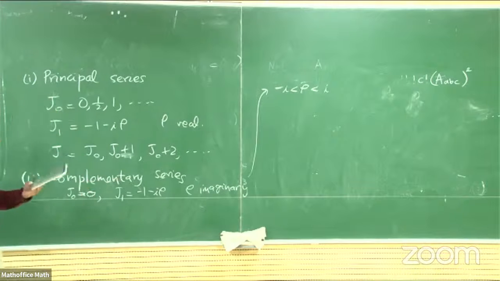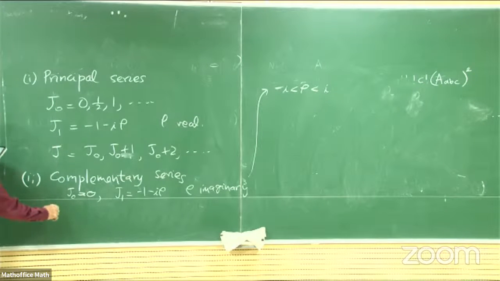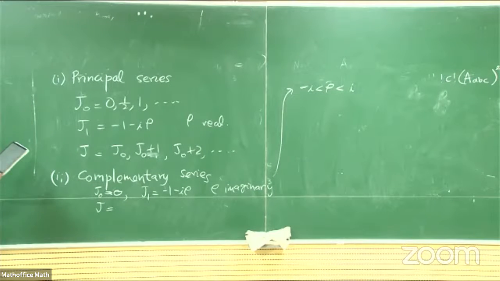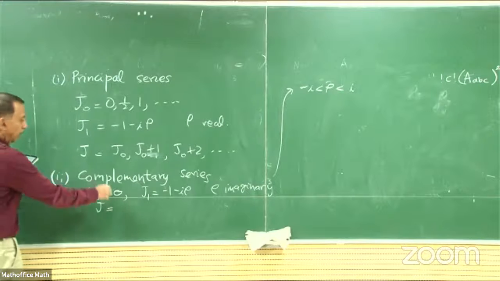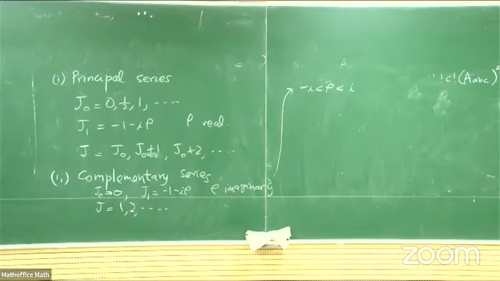So this is the second series. And in this series, J, which is supposed to start from J0 and go up in integer steps, doesn't actually take the value 0. It starts at 1 and then it goes up to infinity. So both are infinite dimensional.